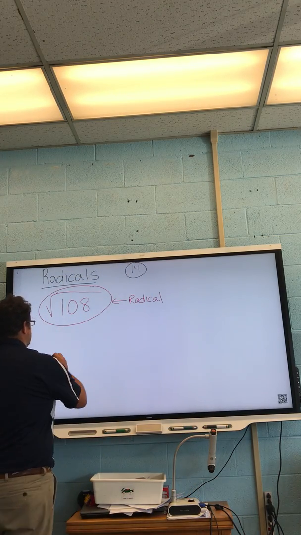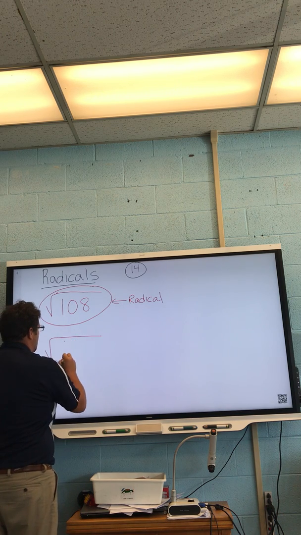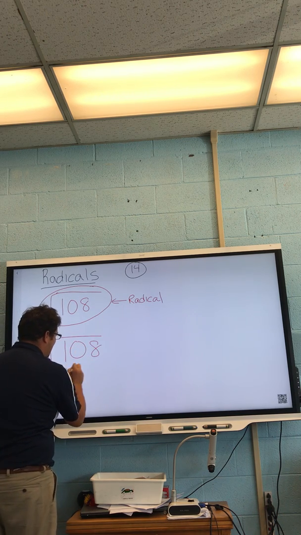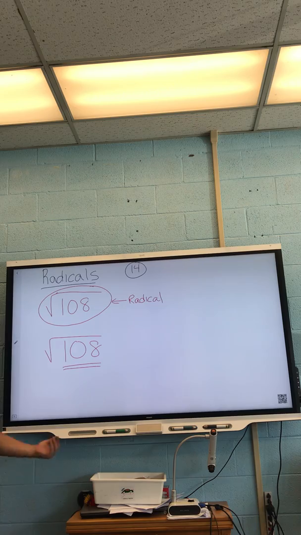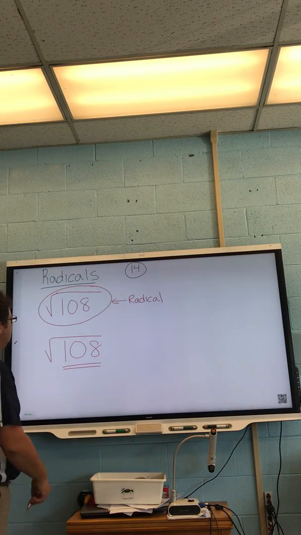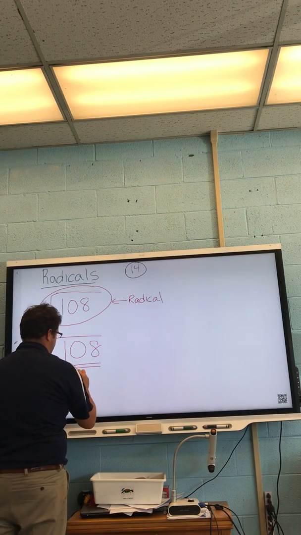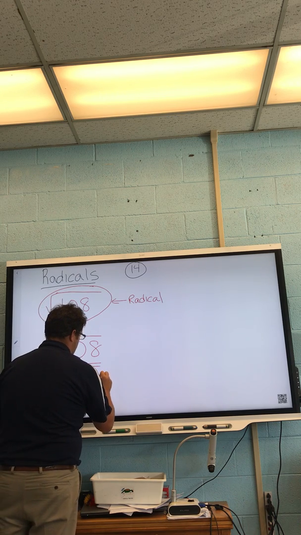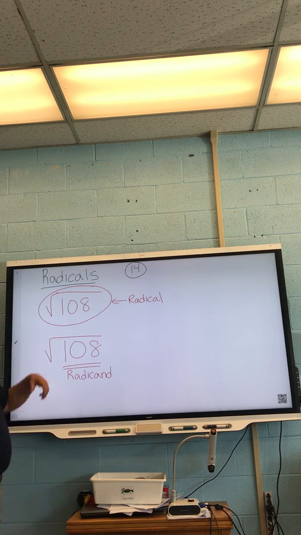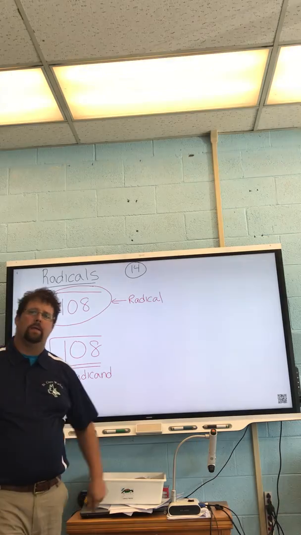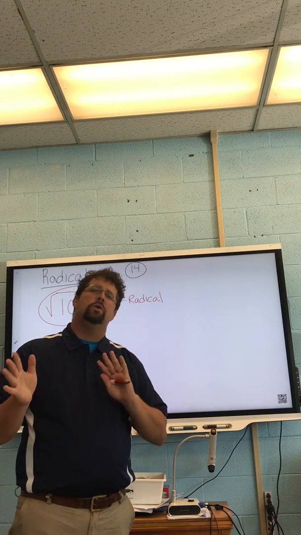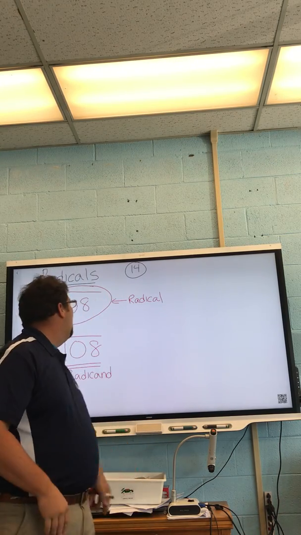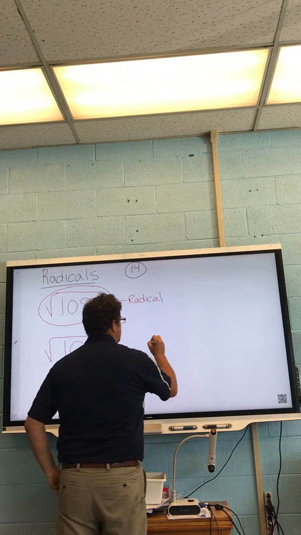Now, if we were to dissect it a little bit more, just the number inside of the radical is known as a radicand. Okay? So you have a radical and a radicand. Those are the two terms you're going to use a lot. You're certainly going to use square root.